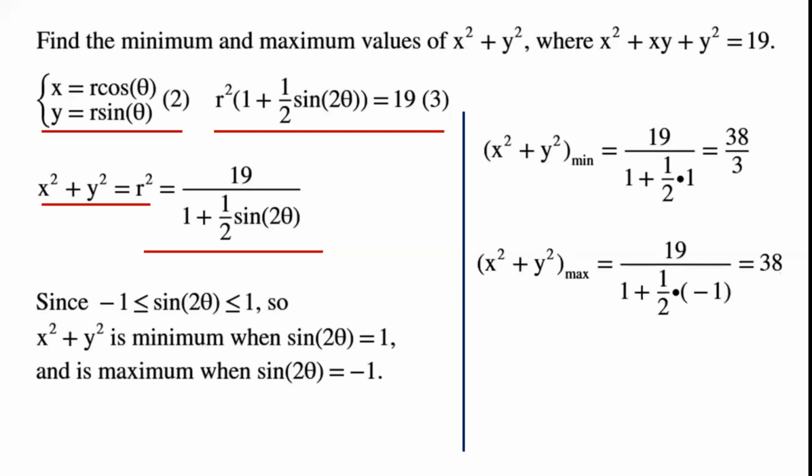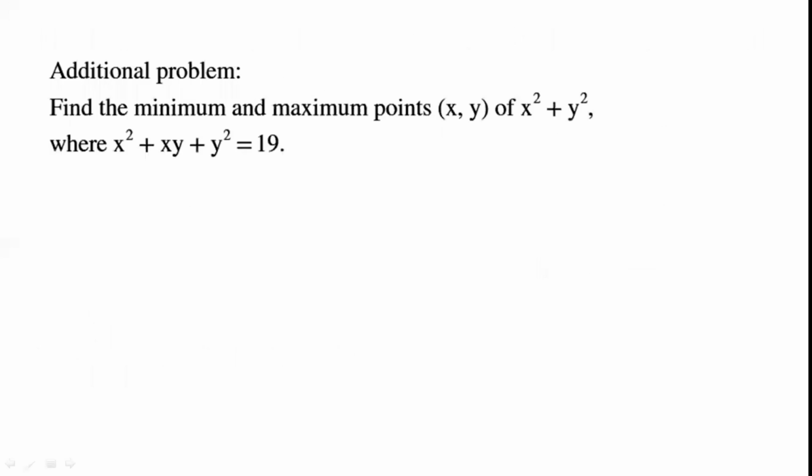The maximum of x squared plus y squared equals 19 over 1 plus a half times minus 1, which equals 38.